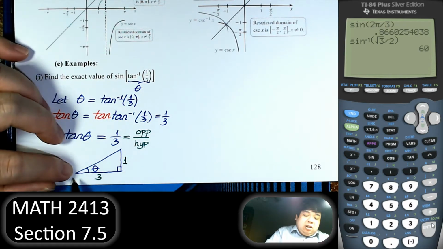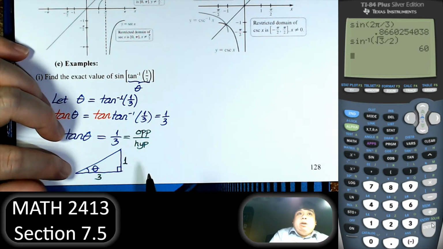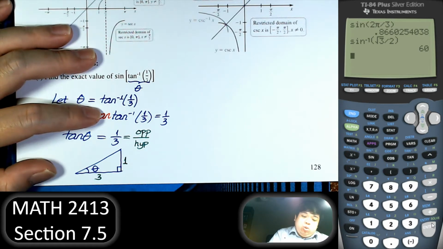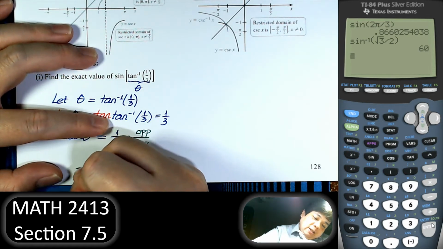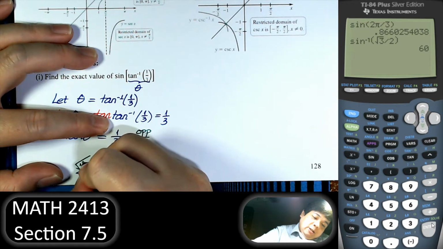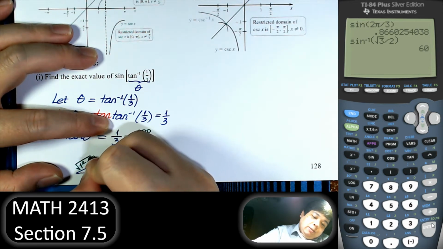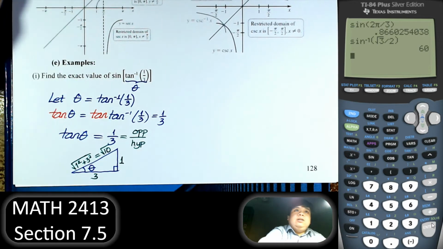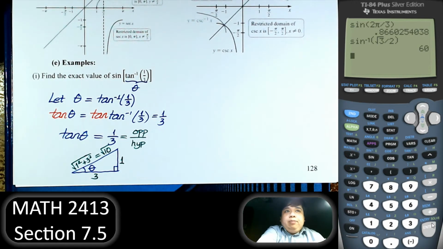Because of that, the hypotenuse given by Pythagorean theorem will be square root of 1 squared plus 3 squared, which is square root of 10. Right? So Pythagorean theorem.